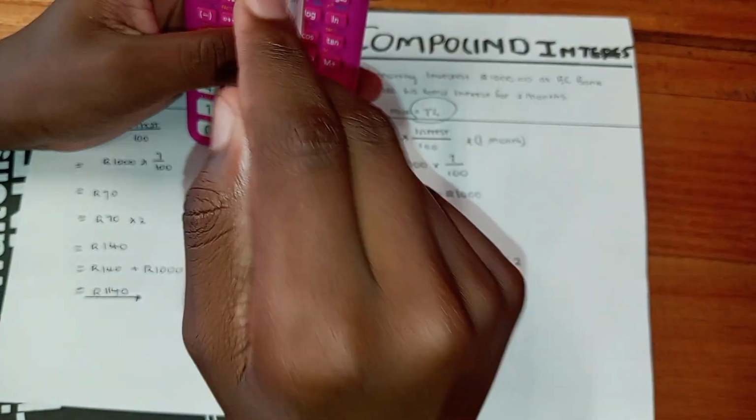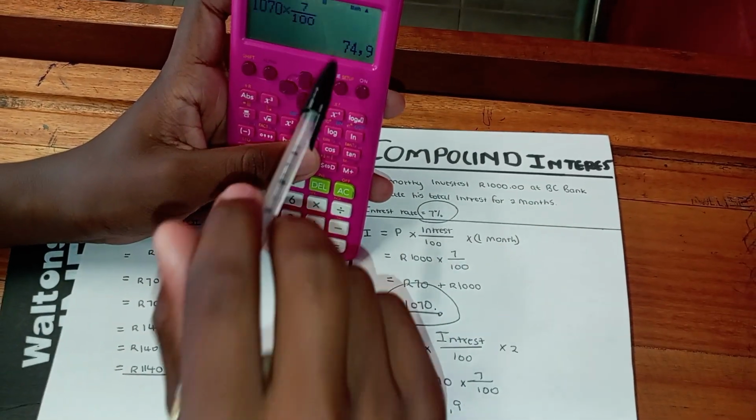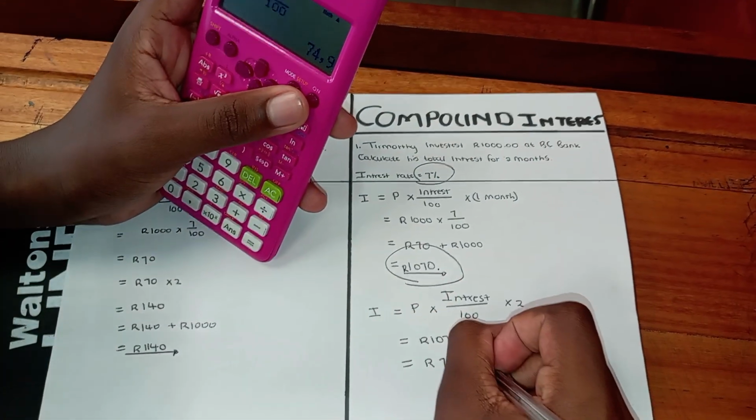We are not going to round off because it is money, so it is going to be 74 rands 90 cents.